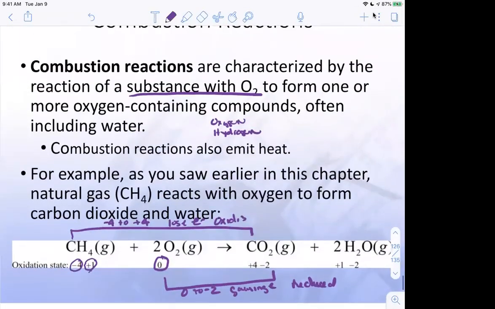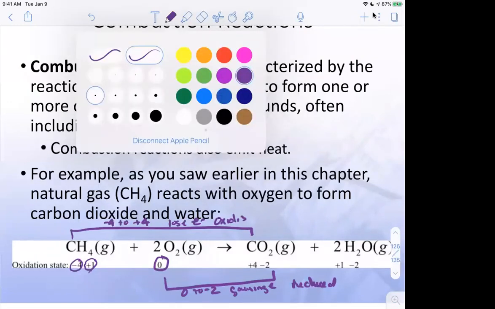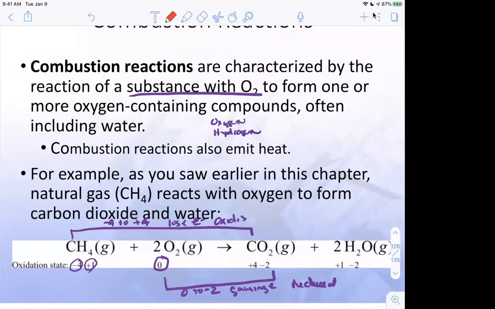What I want to note though, is I have that alternative definition. The carbon is adding oxygen, which means it is oxidation. The oxygen is adding hydrogen, which means it's reduction. This carbon is also losing hydrogen.